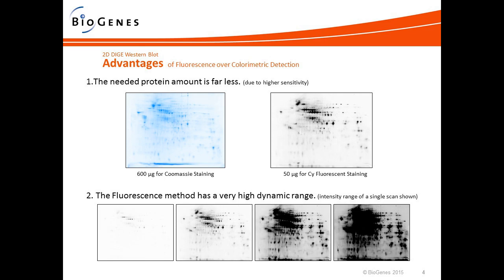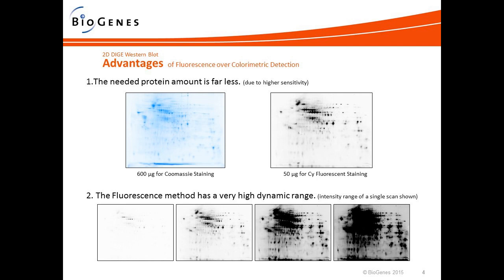The second advantage is the high dynamic range of the fluorescent method. All four pictures shown are visible range exportations of a single scan. The high sensitivity and the wide dynamic range of the fluorescence enable the detection of high and low abundant proteins.